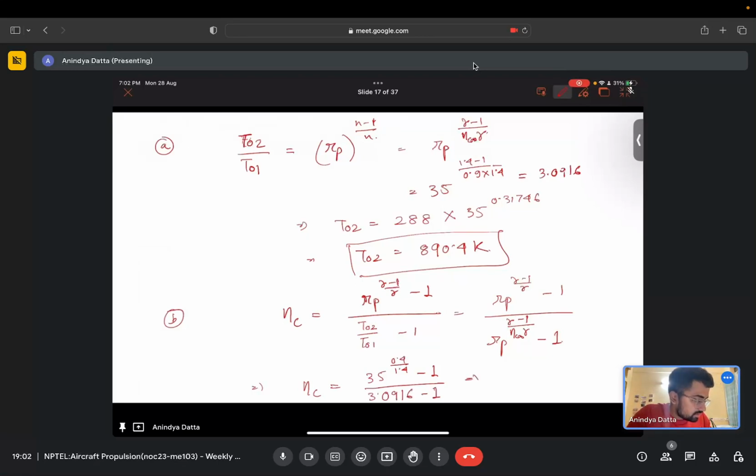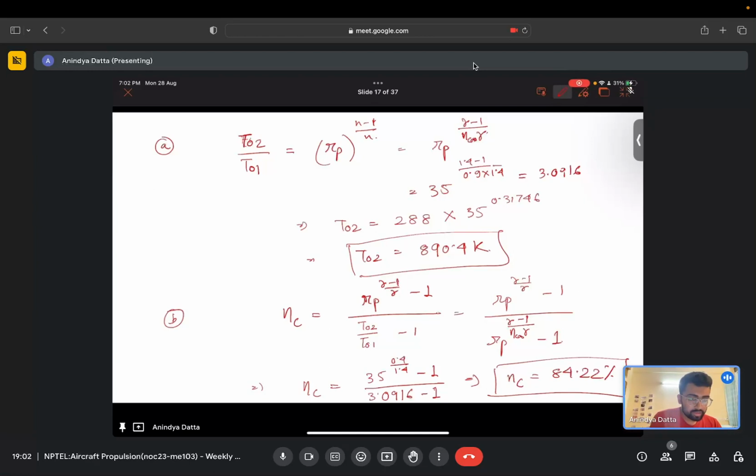If we calculate, we will get eta c as 84.22%. So what you see here is that our polytropic efficiency was 90%, but our isentropic efficiency comes out around 84.22%.